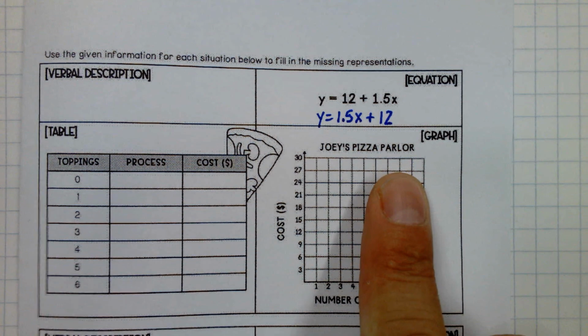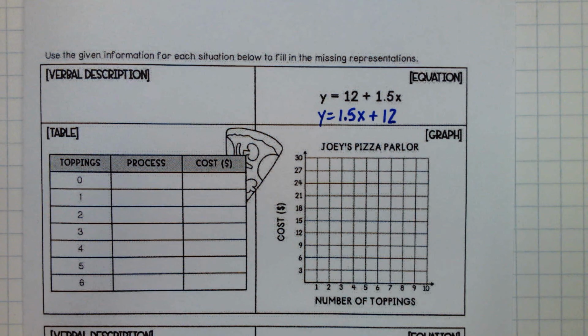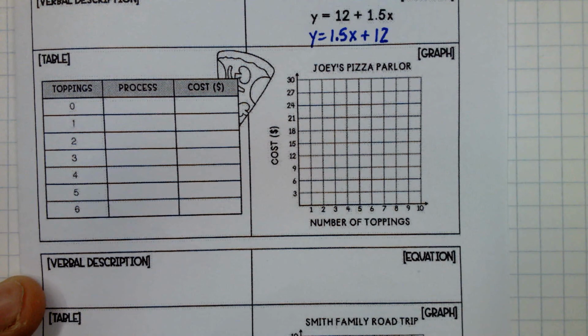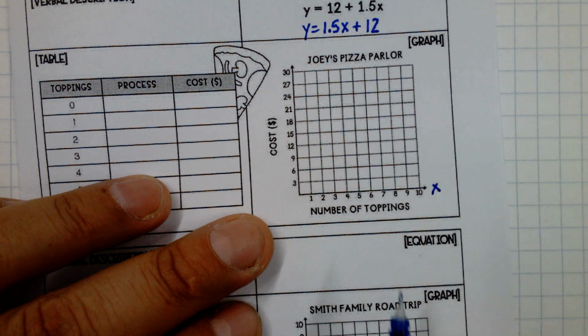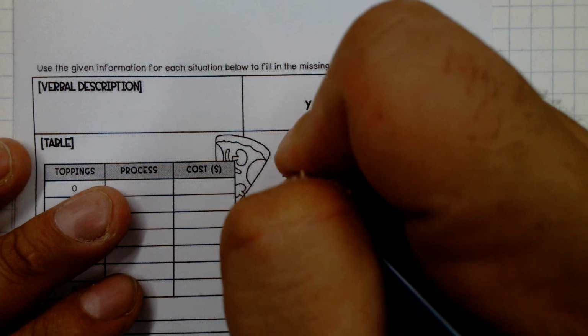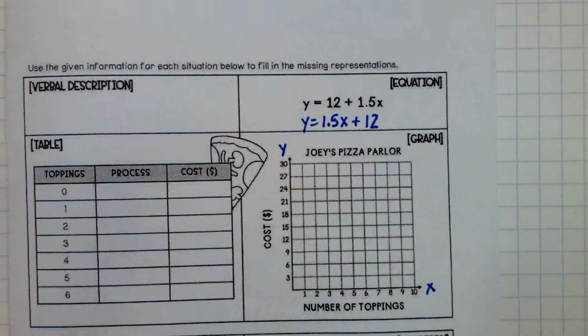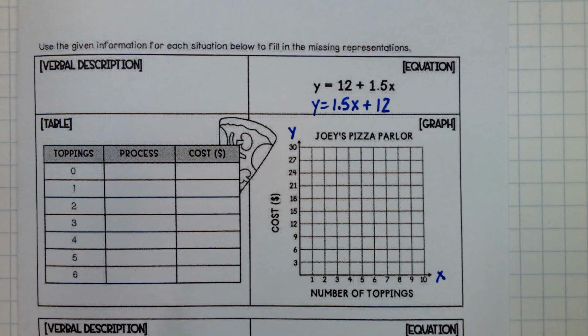Okay, first clue is from the graph. It says Joey's Pizza Parlor. And let's look at what we're measuring. What are we measuring on the x-axis? Number of toppings. What are we measuring on the y-axis? The cost.